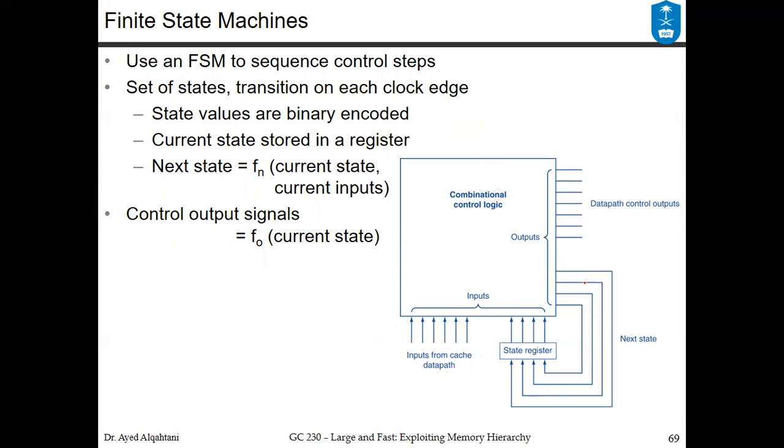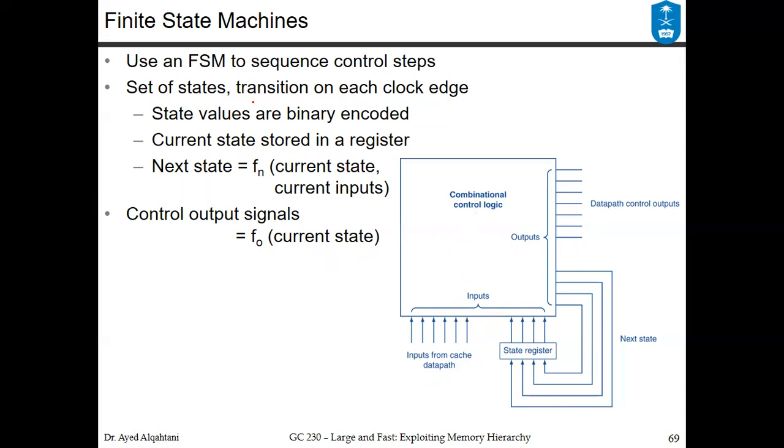And you will have next state going to the state registers based on the finite state machine that you are going to develop. You will have a certain number of D flip-flops here, and then you will supply the present state along with the inputs as general inputs to the combinational control logic.